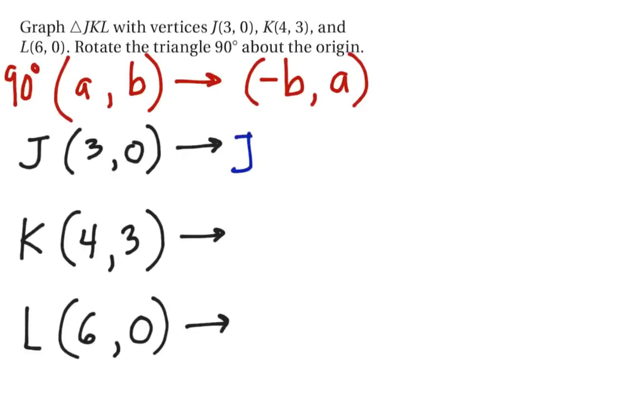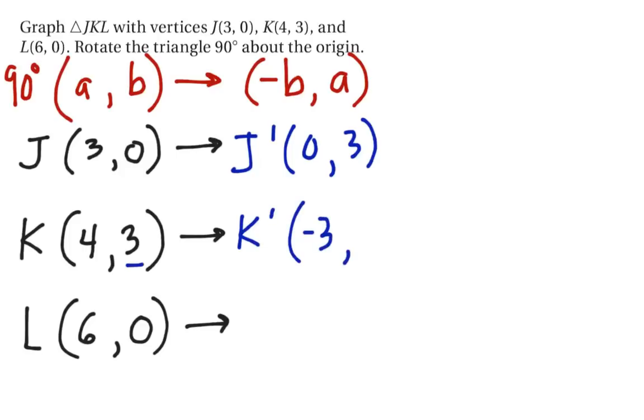J prime is going to be found at, well, negative 0 is still just 0. And then I'm just going to use A, which is 3, as the y-coordinate. K prime is going to be at negative 3, because I'm using the opposite of the y-coordinate there. And I'm going to use the x-coordinate as the y-coordinate for the image.